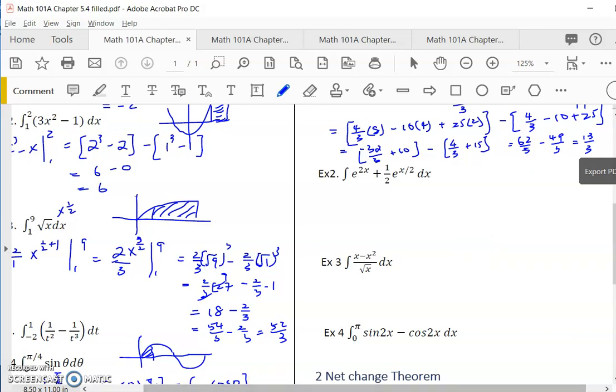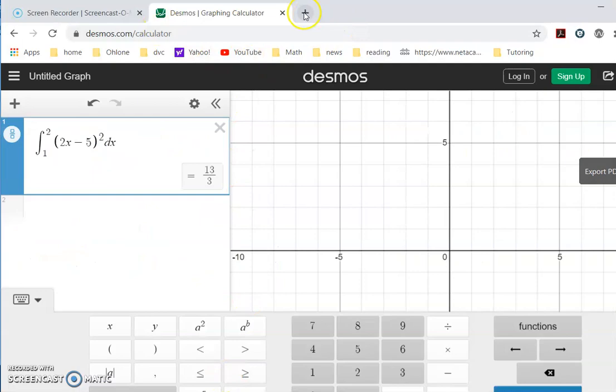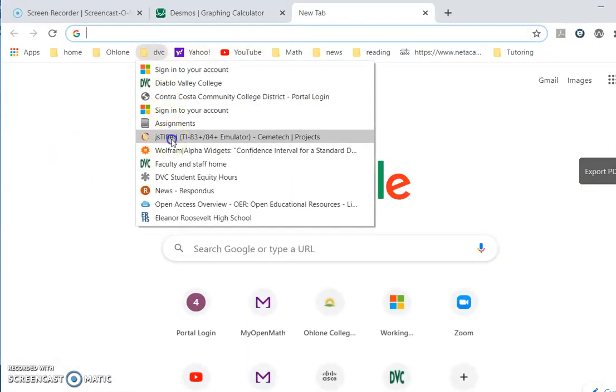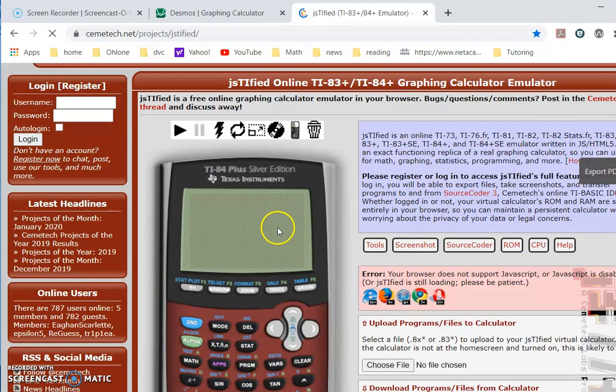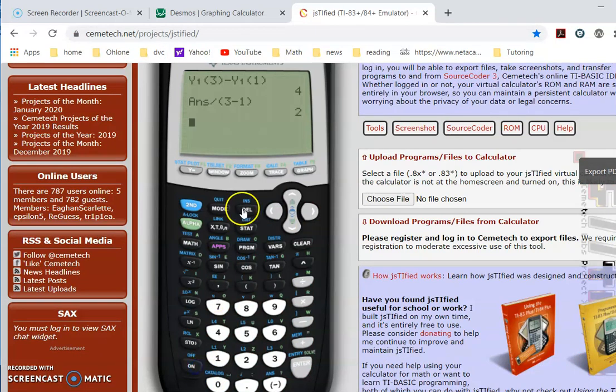Maybe while we're on this, I'll just show you. On the graphing calculator, if you turn it on, and then you say math, here, FNINT.